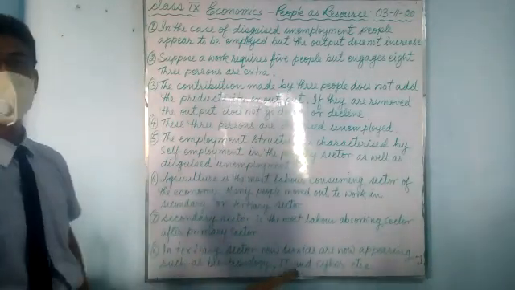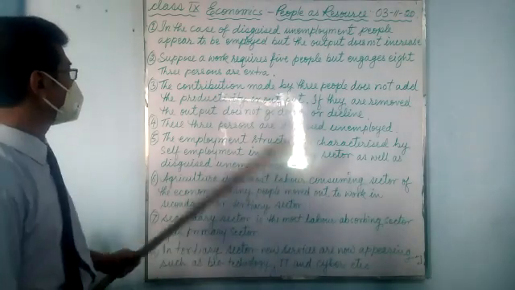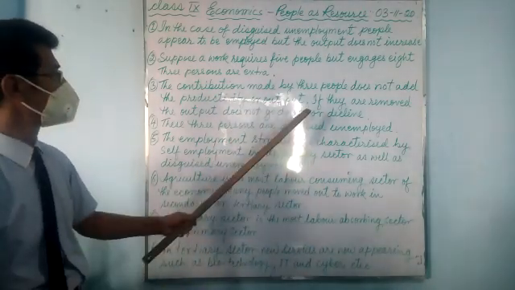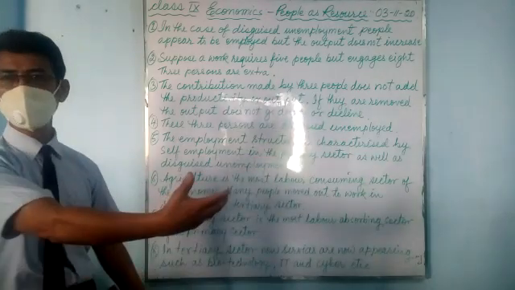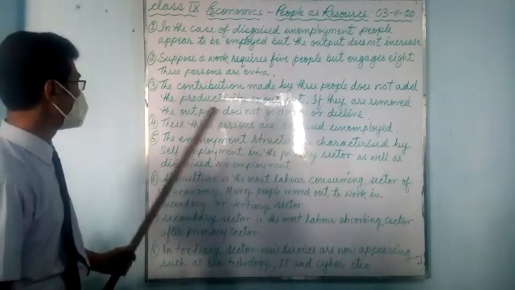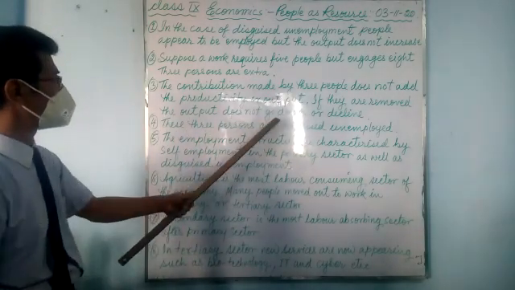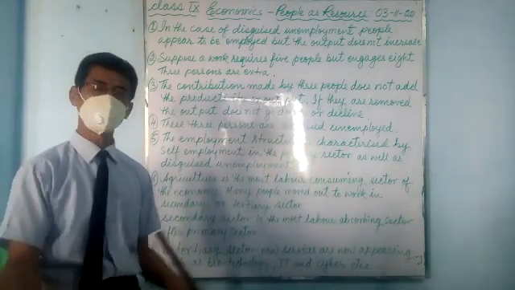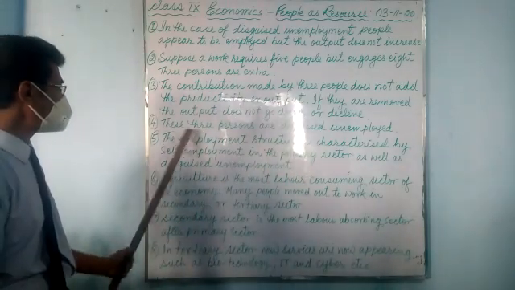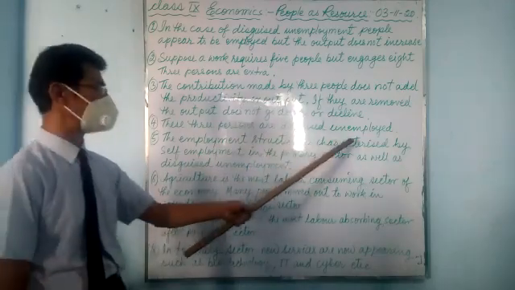The productivity, or output, will not increase. If these 3 people are removed from the field, the output does not go down or decline. It remains the same. These 3 persons are disguised unemployed.